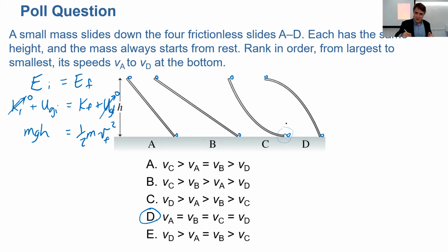Yeah, when the left end hits the ground, the right end goes up a little bit. I think that's a good point. Yeah, so I've sort of neglected those little differences, but if that's what you were thinking, that might be a reason. But you get the basic idea, right? If you change the same amount of height, then you will get the same speed. Yeah, I got it. That's a good point. You're welcome.